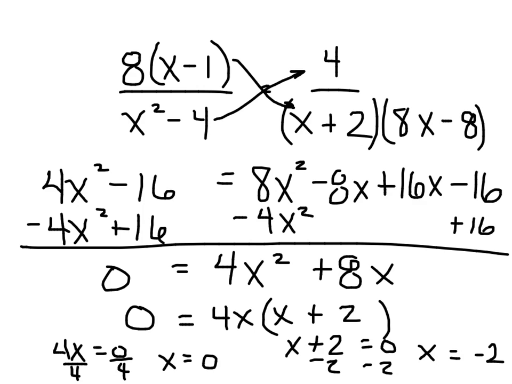The 2 isn't. Why? If I put negative 2 back in this one right there, negative 2 squared is 4. 4 minus 4 is not going to happen for this. Remember, you can't divide by 0. So this just goes away, and all I'm left with is x equals 0. Okay?